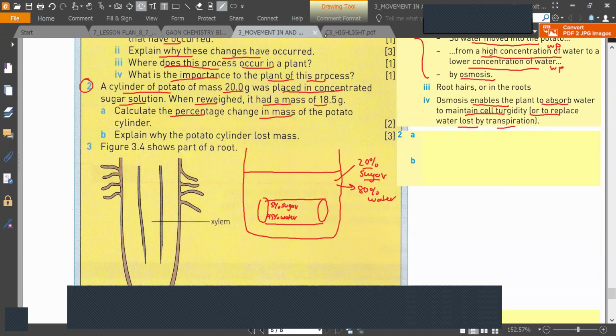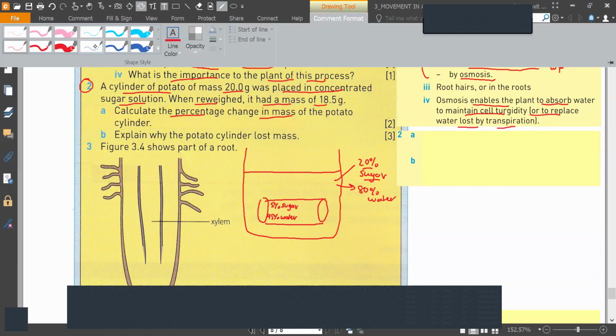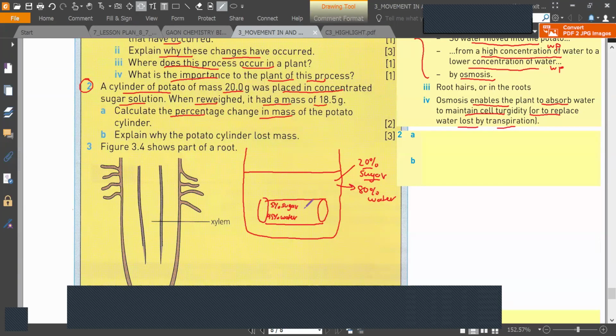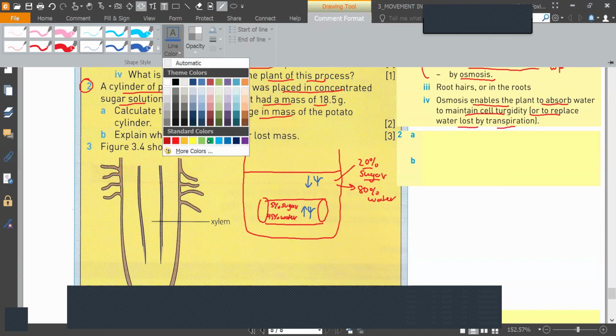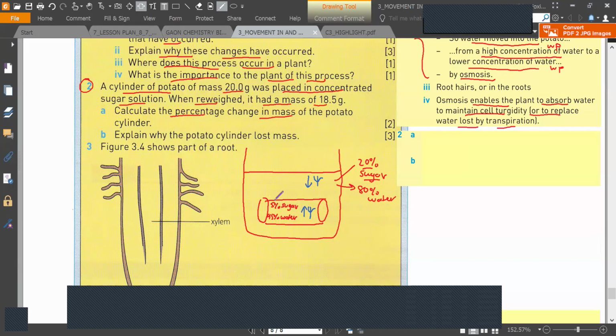Now straight away we can compare the water potential. Here that will be high water potential, 95% water. Here it will be low water potential. What will happen? What we expect to happen is that water will move out of the potato cylinder because the water potential inside is higher.